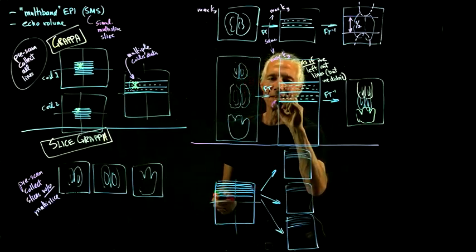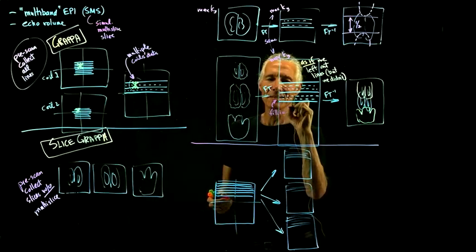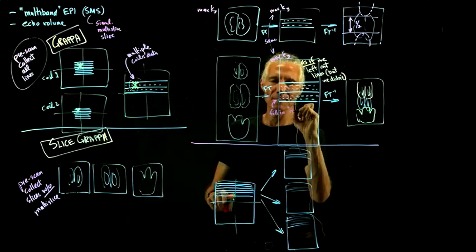So the idea is we fill in missing lines. They're not actually missing because we actually collected them all.